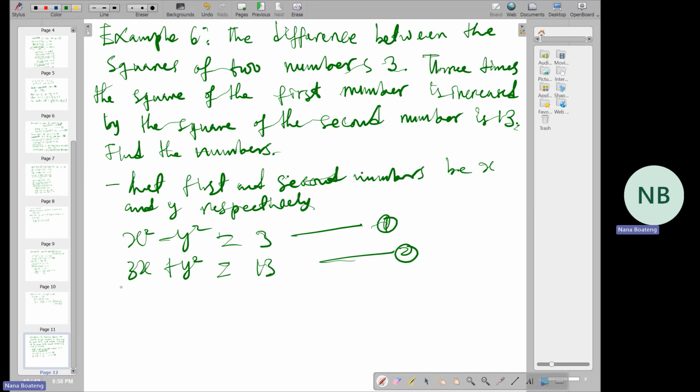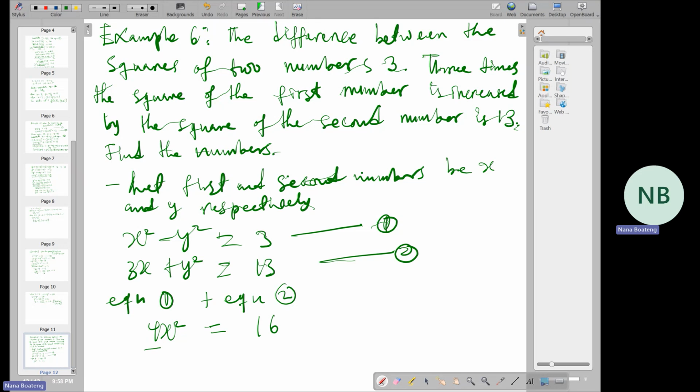So if we add equation 1 to equation 2, we're going to have x squared plus 3x, and minus y squared plus y squared is equal to 16.